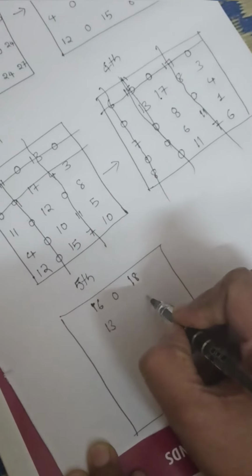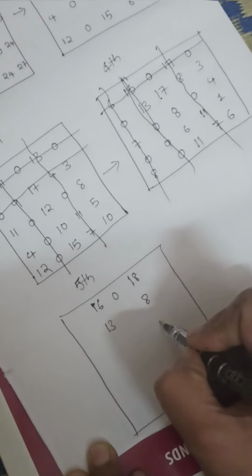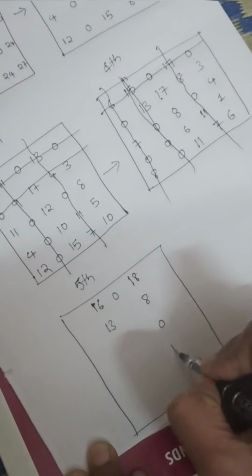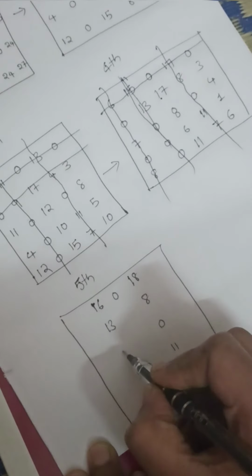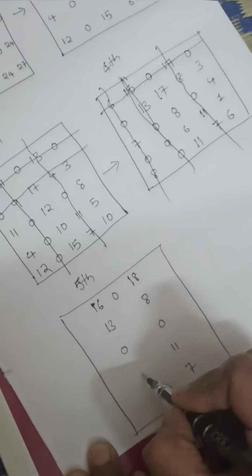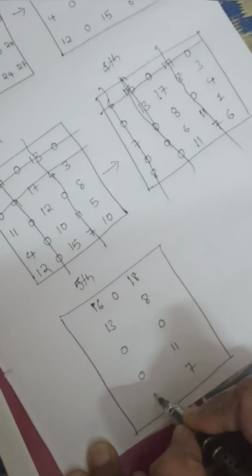And 8 as it is. 0, 11, 7 as it is. 13, 0, 0, 0.